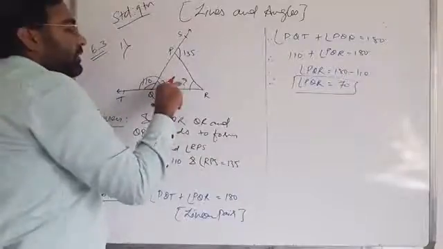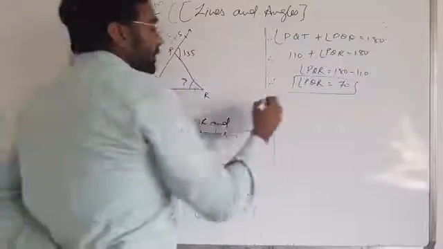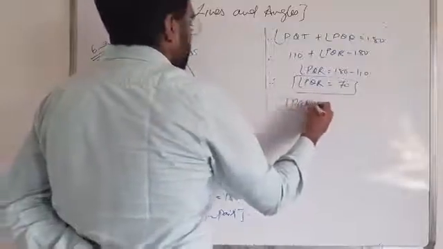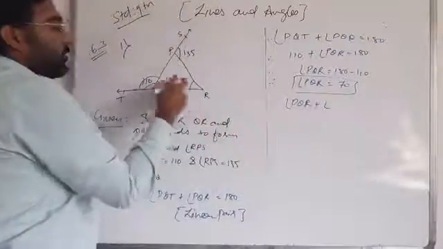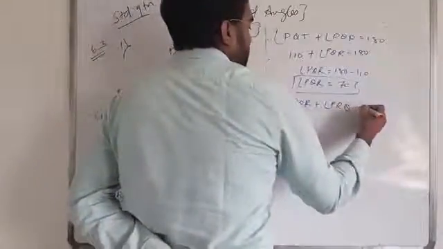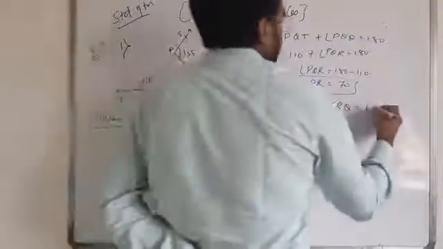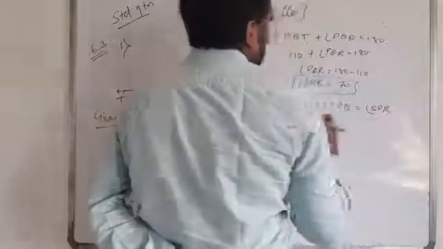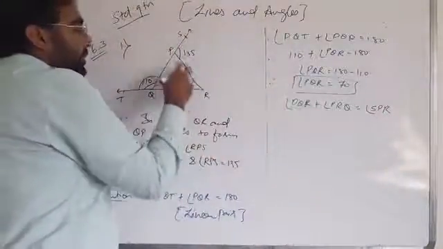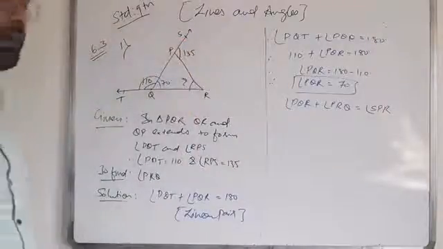Now I'll use these two angles. The sum of these two angles is equal to the exterior angle. Therefore angle PQR plus PRQ is equal to the exterior angle SPR. The sum of two interior angles PQR plus PRQ is equal to SPR, the third exterior angle.